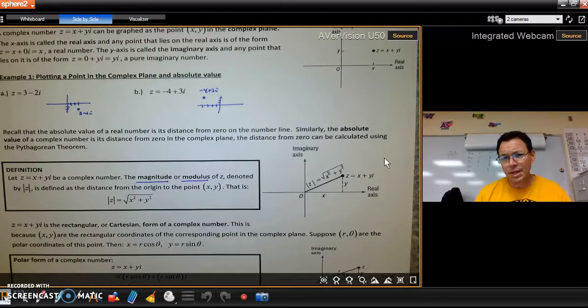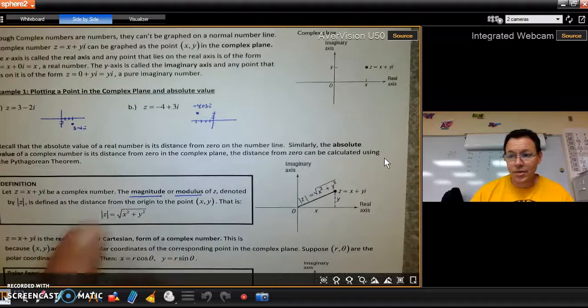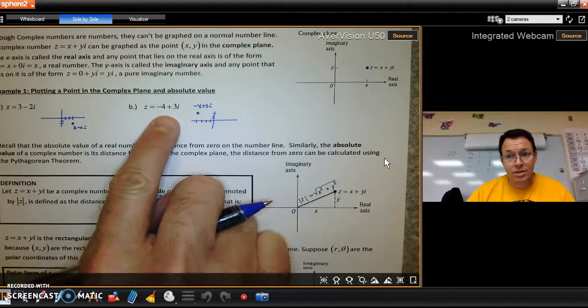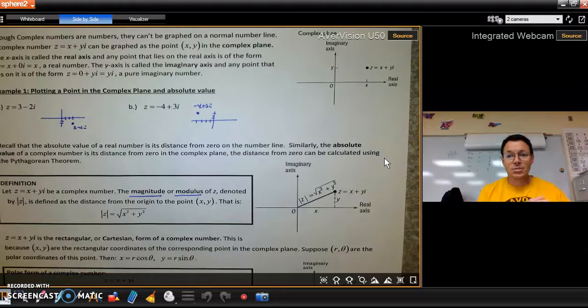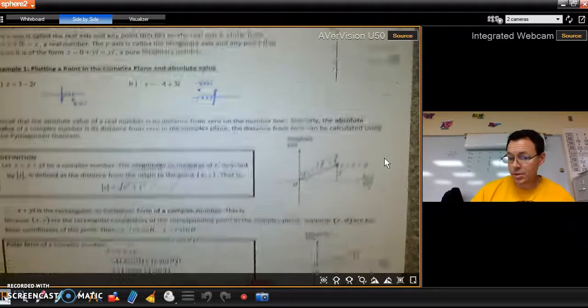But if you multiply complex numbers, they multiply like binomials do. If you want to take a complex number to the 4th power, you literally have to FOIL that out like 4 times. But there are some huge shortcuts when it comes to operations with these numbers in polar form. So that's why we do it.